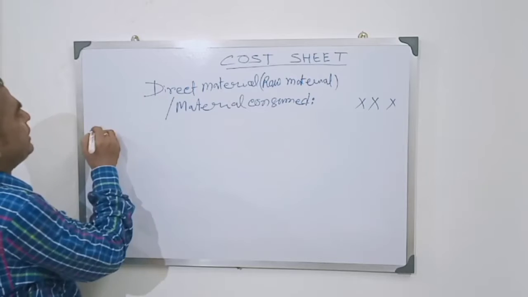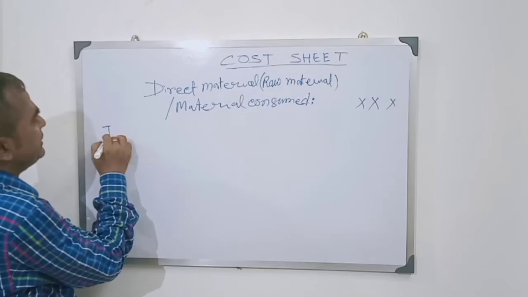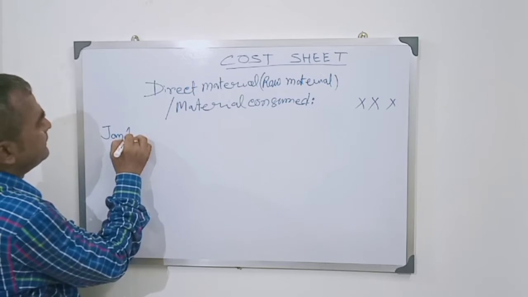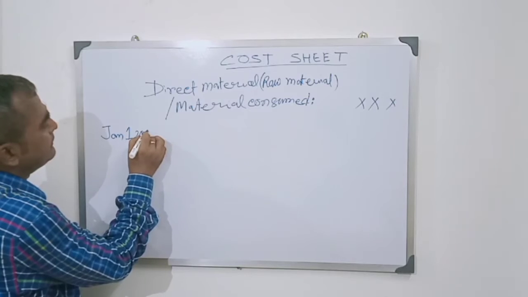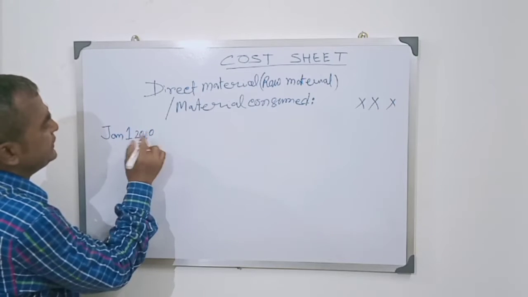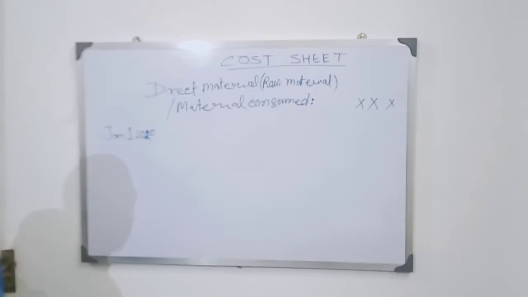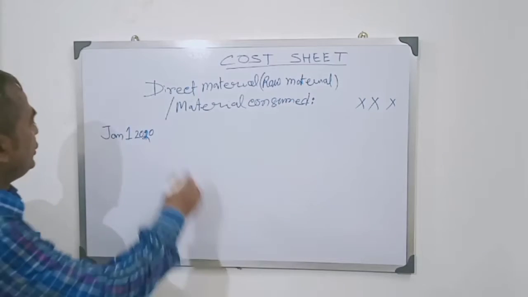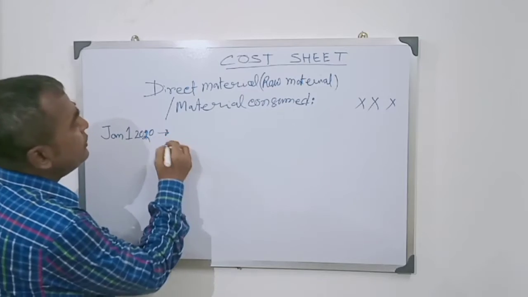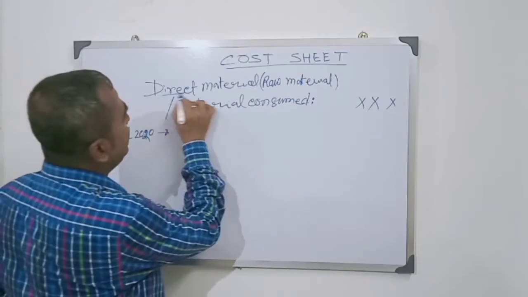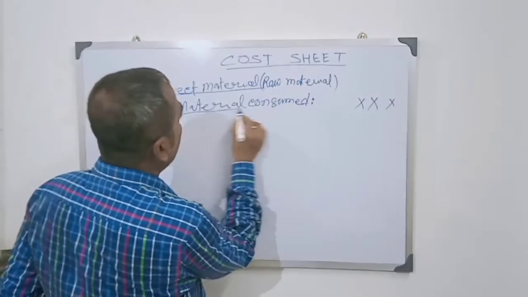Suppose we started production on January 1st, 2020. That day we had material in hand, or raw material in hand.